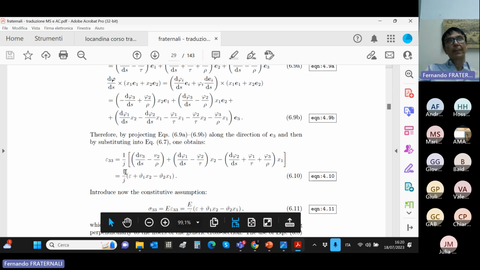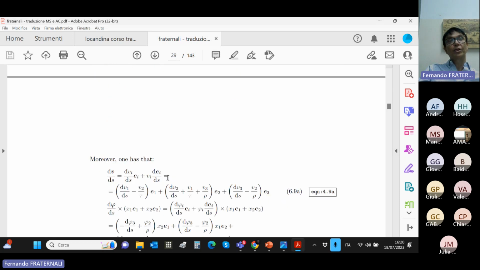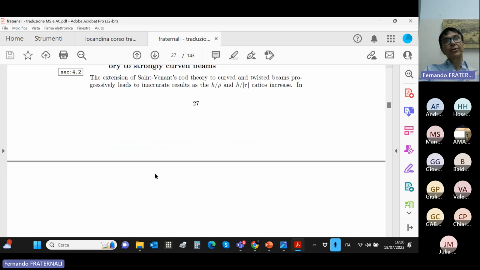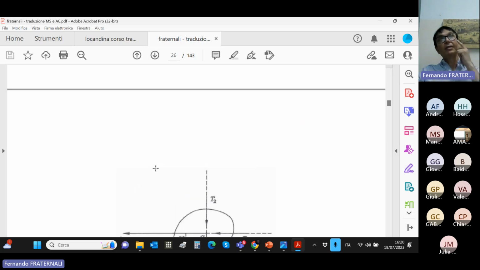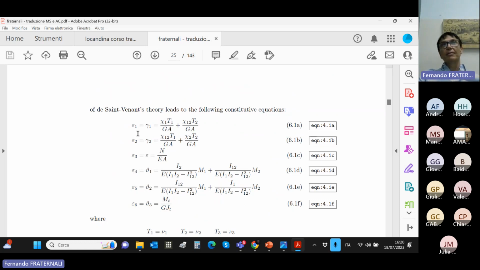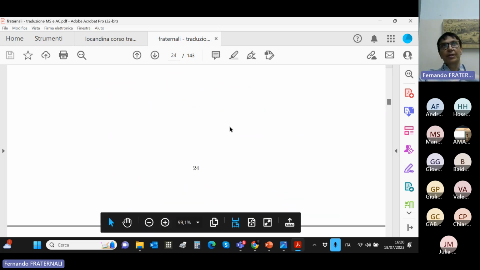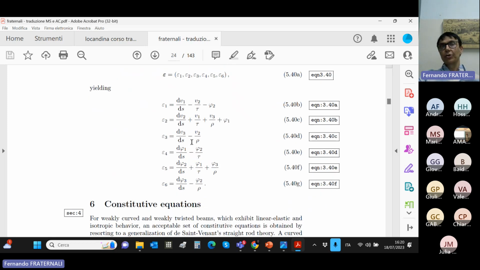The equation is similar to that of the straight beams, but we should account for the fact that this expression of epsilon, of theta 1, theta 2, which are what we called epsilon 3, epsilon 4, and epsilon 5 before when we defined the generalized strains, inside the definition of epsilon 3, epsilon 4, epsilon 5 we have terms that account for the curvature and the torsion.